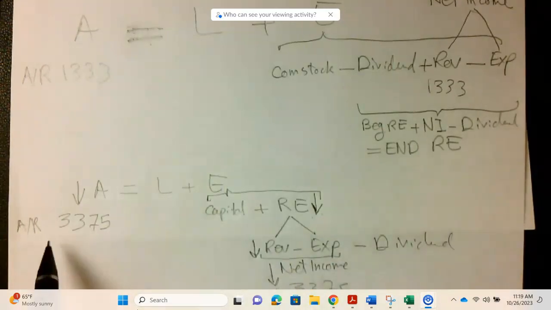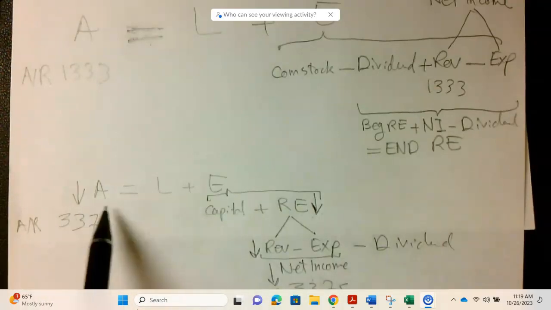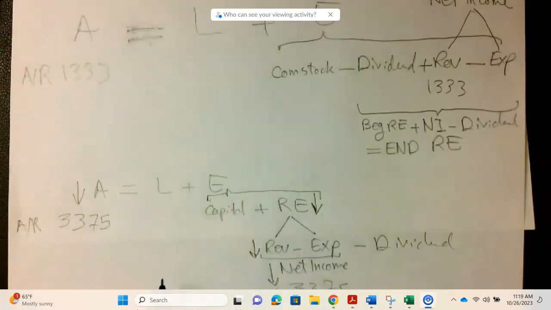So as you see, you can say, yes, my equation is equal because this side is understated and that side is understated. But the information in your financial statements is wrong. Yes, it is still equal, but it's wrong. It's not reliable information, even though your equation is still balancing. Make sense?